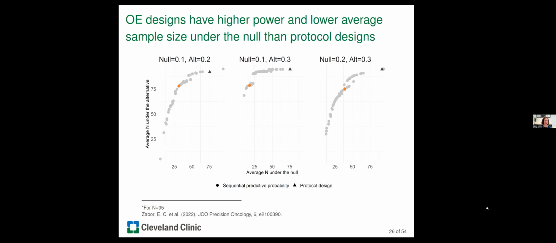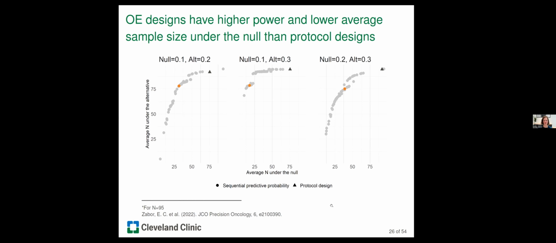So I'm showing the results here just for the optimal efficiency results, and this plot is only for the simulation setting of a sample size of 95. The panels are for the different combinations of null and alternative response rate: null of 0.1 and alternative of 0.2, null of 0.1 and alternative of 0.3 in the middle, and on the right, null of 0.2 and alternative of 0.3.